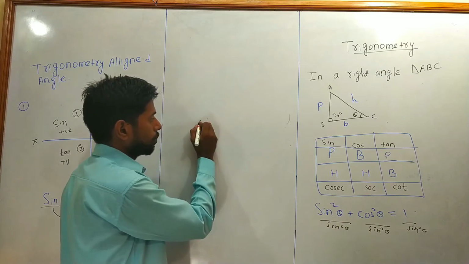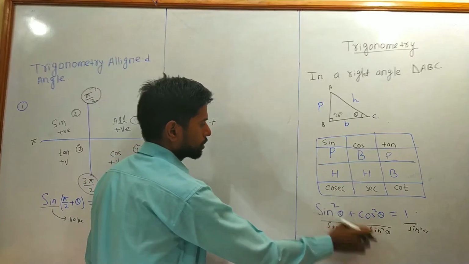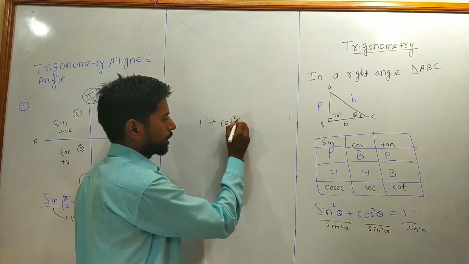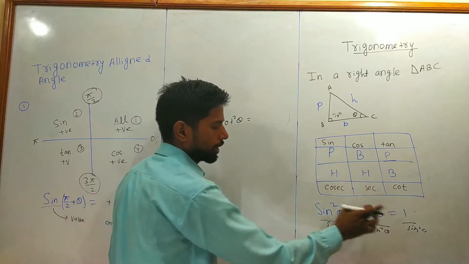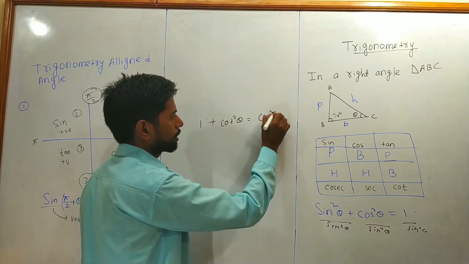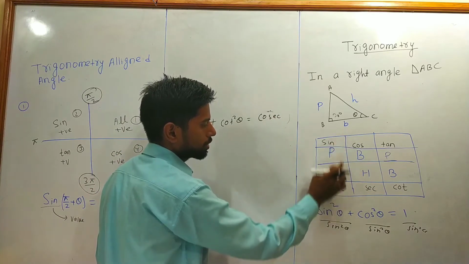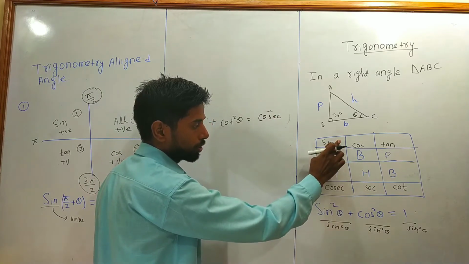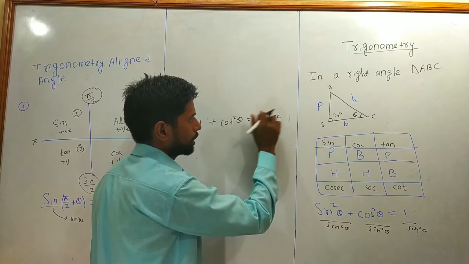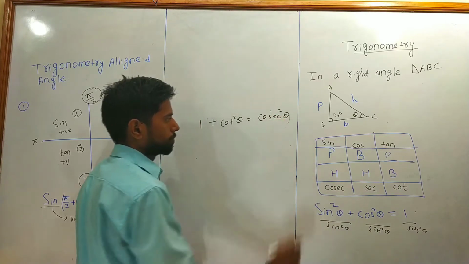You will get 1 plus cos square upon sin square, which is cot square theta, is equal to 1 upon sin square theta, which is cosec square theta, because sin theta is equal to 1 by cosec theta.